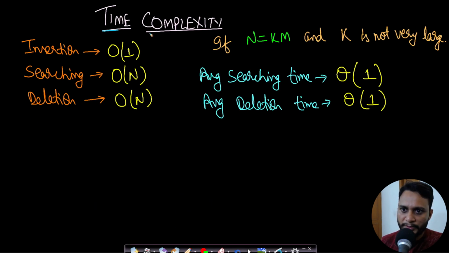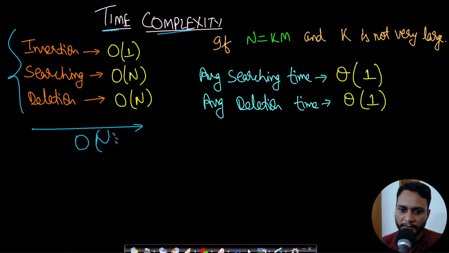So let us just compare the time complexity. This part on the left hand side is the time complexity when we are not considering a hash function giving us a perfect uniform distribution on average. This is not giving us that luxury. So in this case, the linked list size can be maximum order of n. Therefore, insertion will still be order of 1 since we are inserting at head, but searching and deletion time will be order of n.